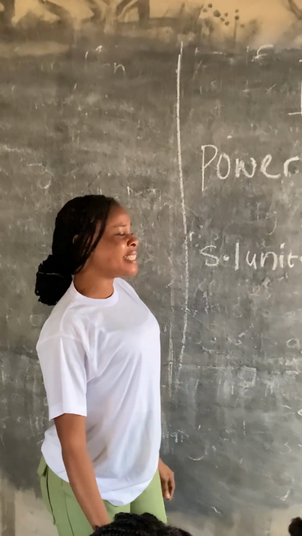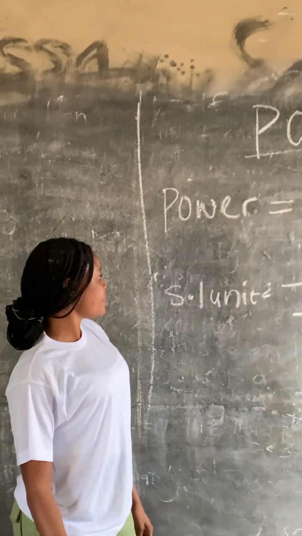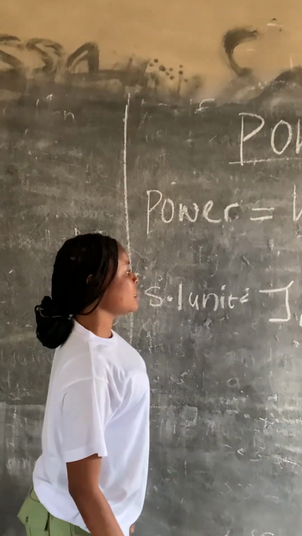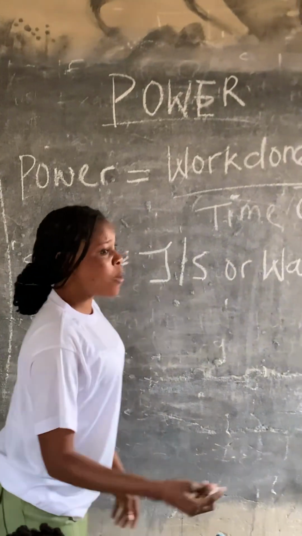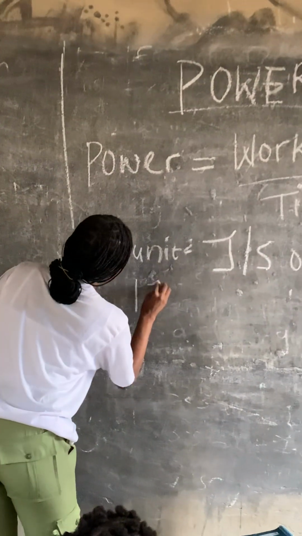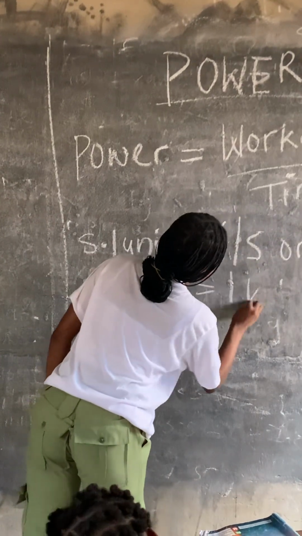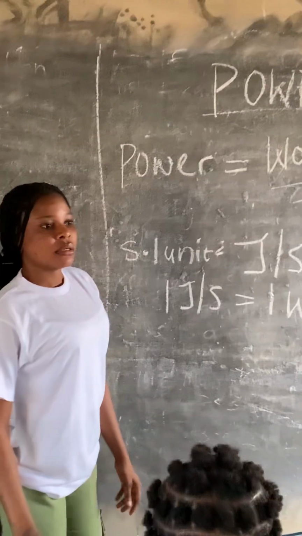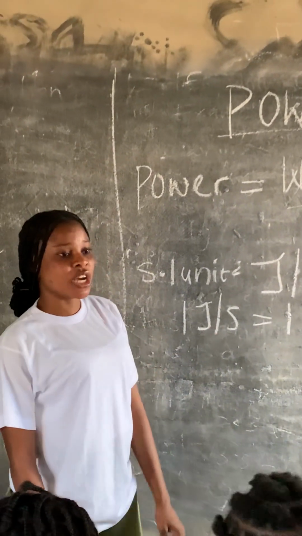So now take down the relationship between joules per second and watts. It is given as 1 joule per second is equal to 1 watt. So now that's the relationship.